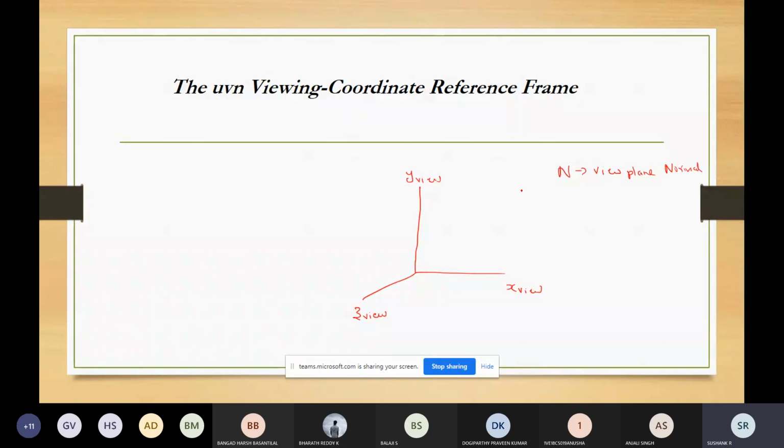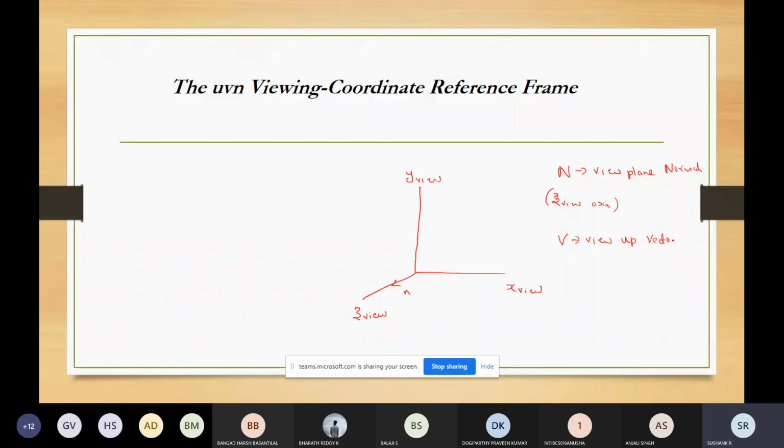It will give us the direction for the Z view axis, along this axis. And we have one more vector, V, the view up vector.